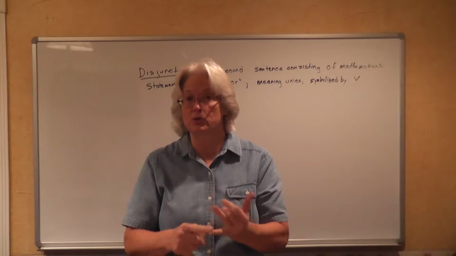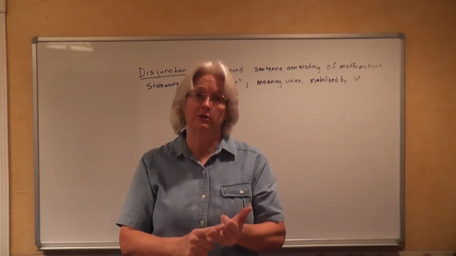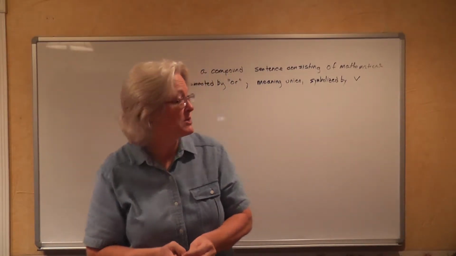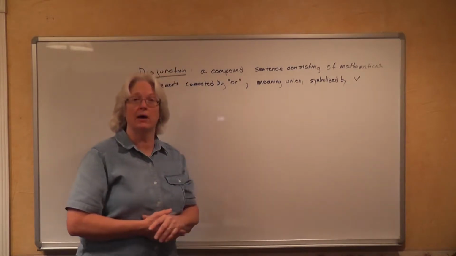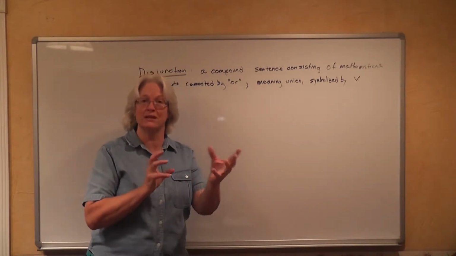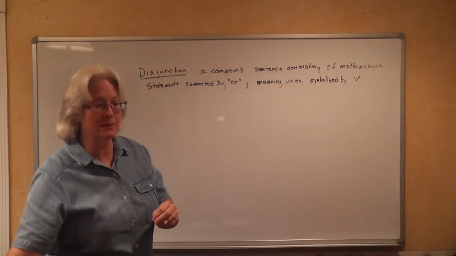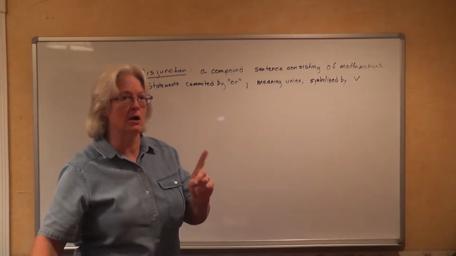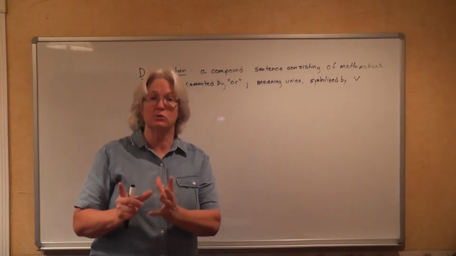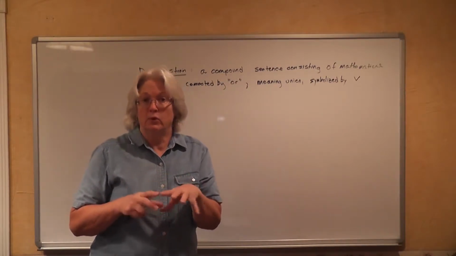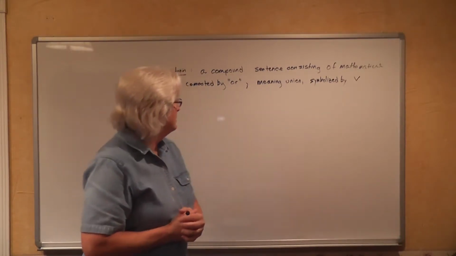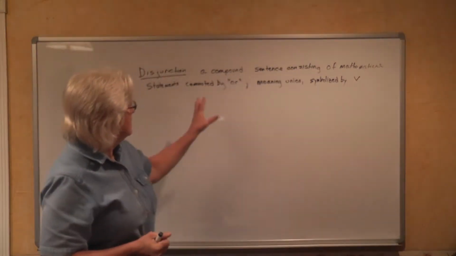As long as they choose one of those two chores to complete, they've met my requirements. And that's what we're going to be talking about today with disjunctions in a mathematical sense, where you have two separate statements, and as long as one of those statements is true, you've solved the inequality.